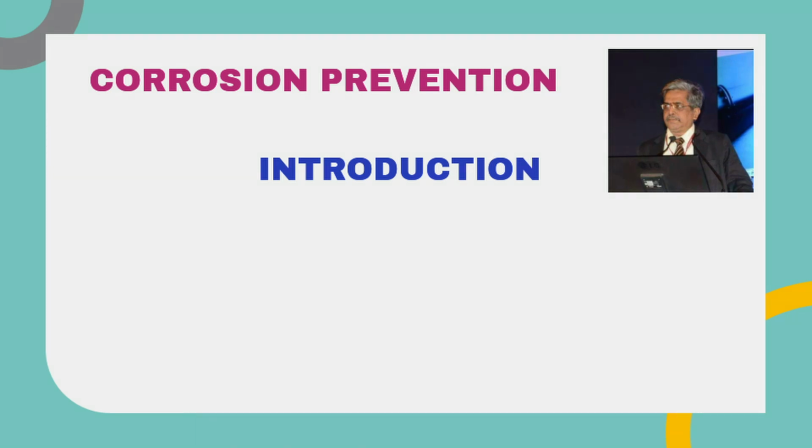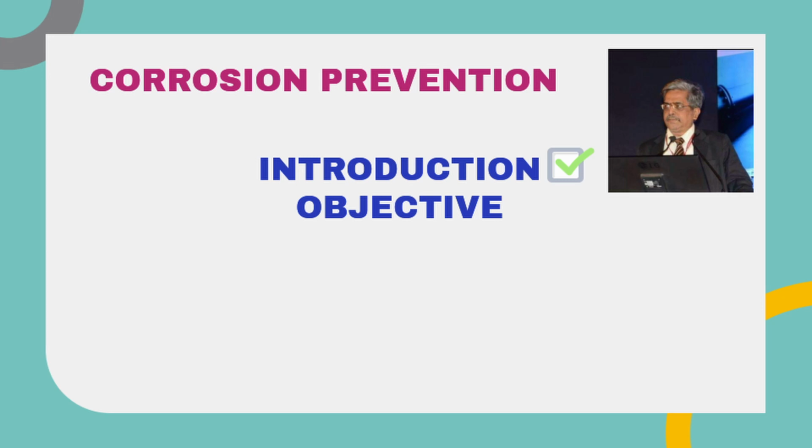I worked for more than 40 years as a corrosion specialist in the oil and gas industry globally. I have started this channel to impart training on principles of corrosion prevention.